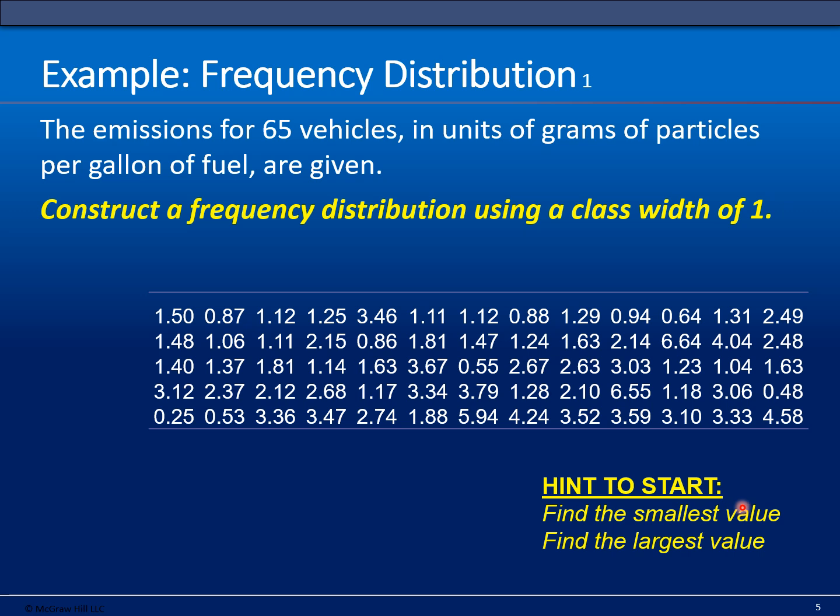And remember, we want a class width of 1. So if we start at 0, remember the next class has to start at 1, so that 1 minus 0 equals 1. So our first class is going to go from 0 to 0.99.